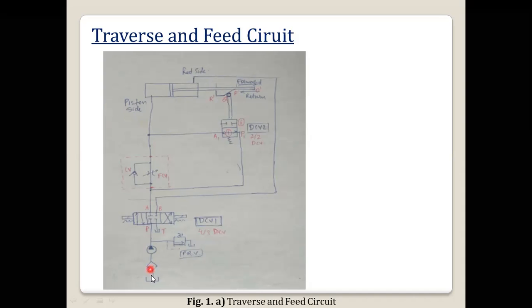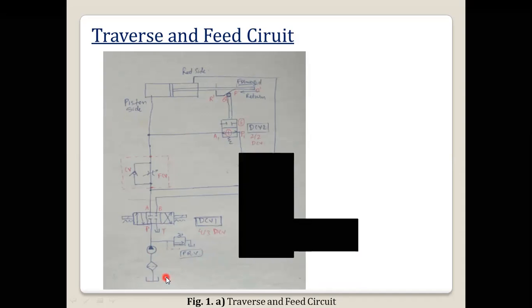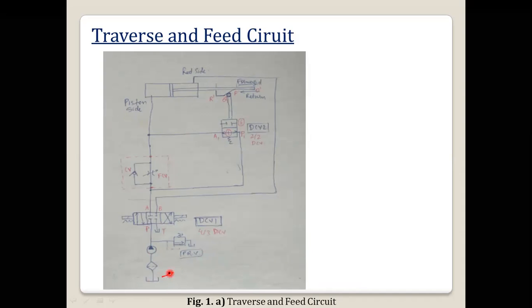Here the diagram consists of the tank. Here we know the basic components of the traverse and feed circuit. The tank is there, then the filter. I'm just writing this; already we have discussed it many times.